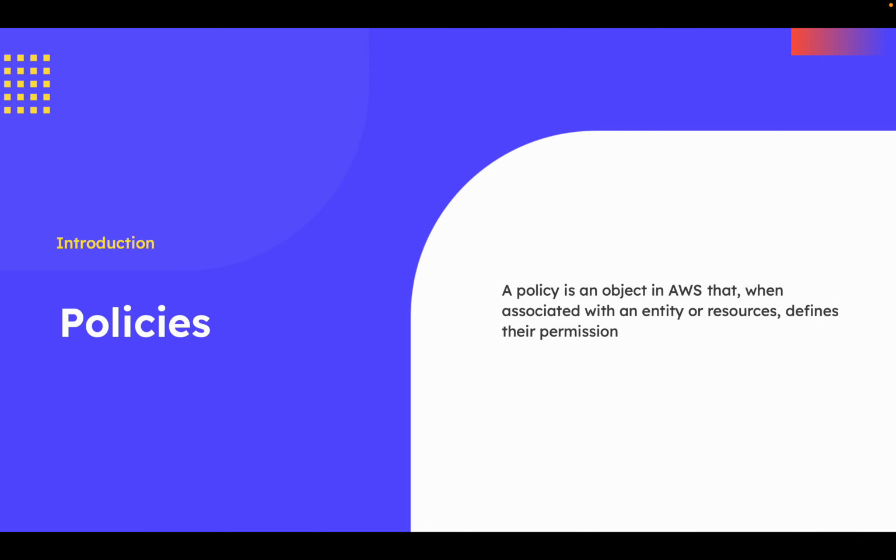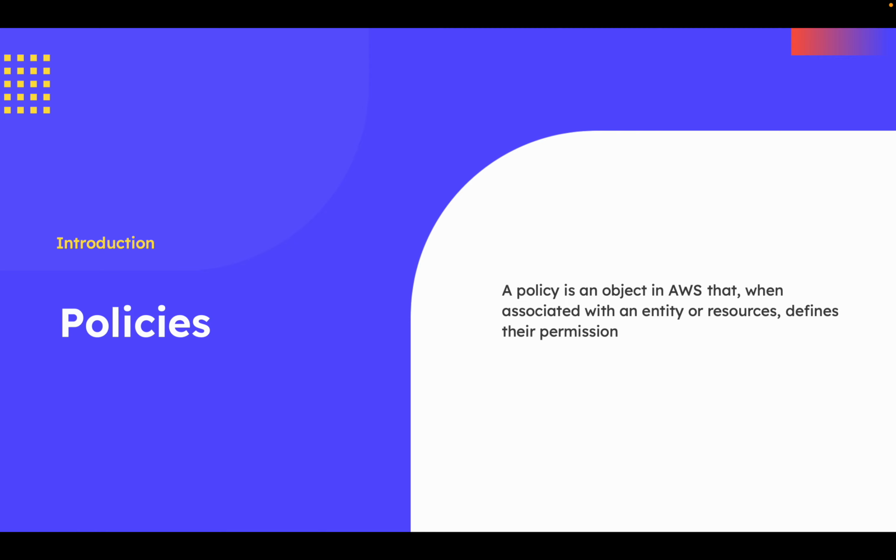I can assign only the policy which will help them see the billing related things. In this way we can restrict the entire AWS console or permissions.